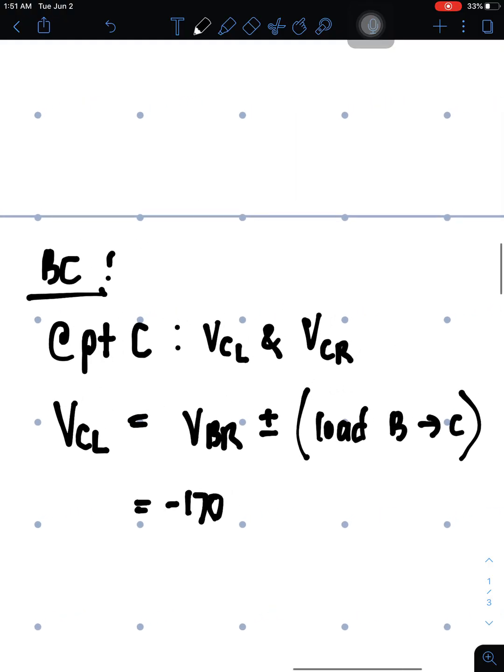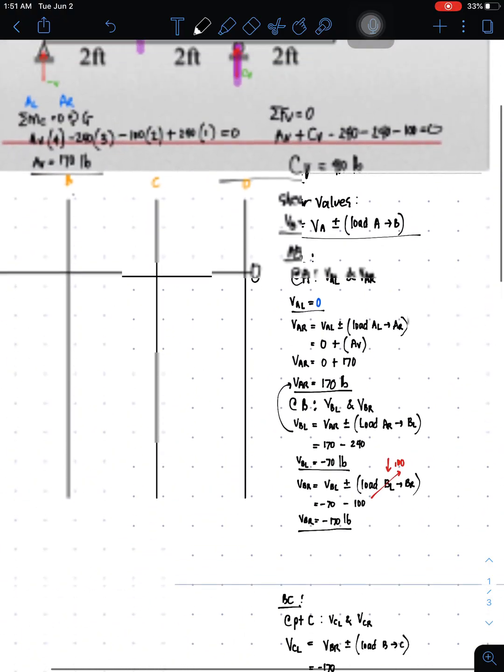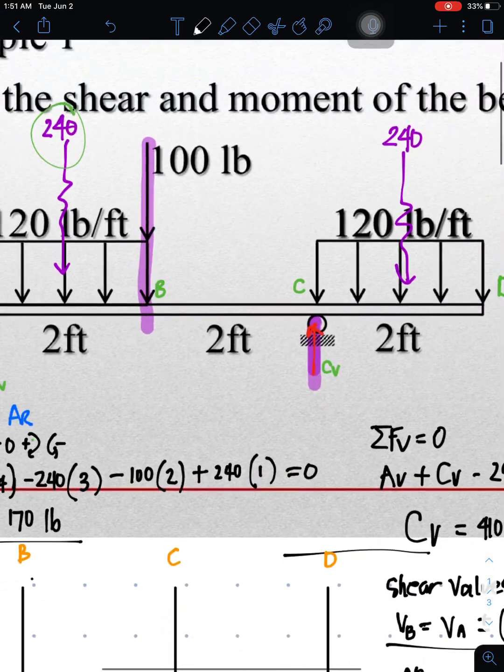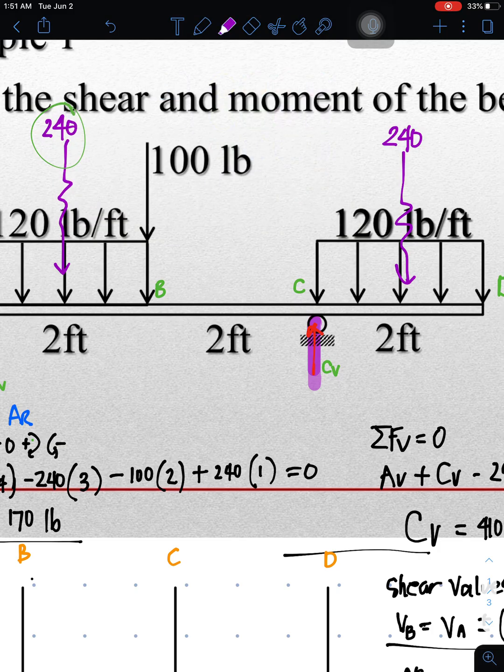Next, what is the load between B to C? Let's look. The load between B to C is this one. What is the load here? Isn't it nothing?